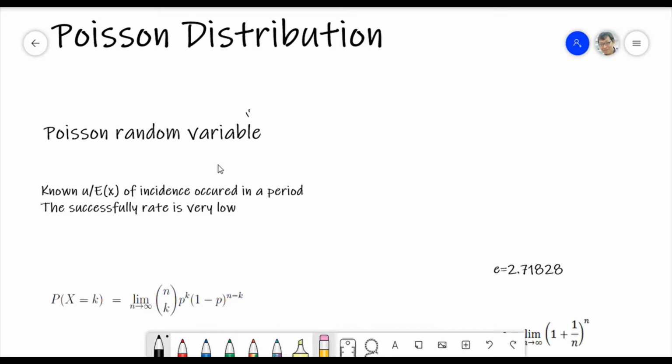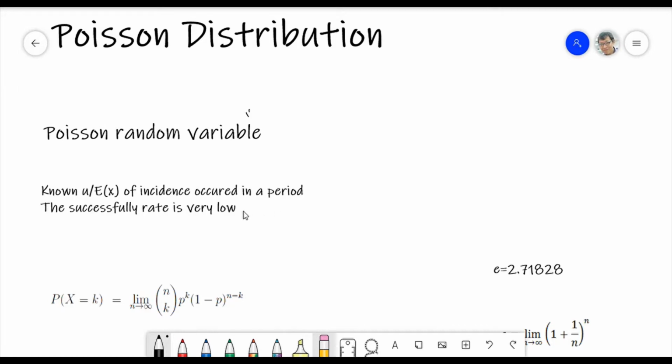The first is that we already know the expectation value mu, in a period of time, and the pool should be very big, and the successful rate should be very low.